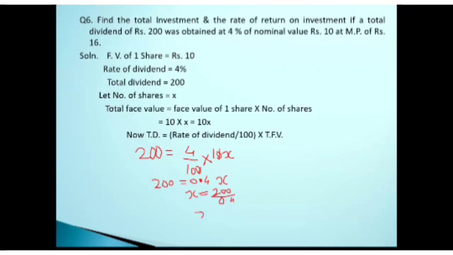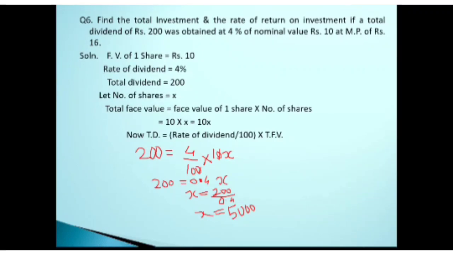Anyone who got the X value here, which will be your number of shares, put down the answer in the chat box. So 500. X is coming to be 5,000? This is what you are getting, I suppose. 500, it is 500, sorry, 500 shares.